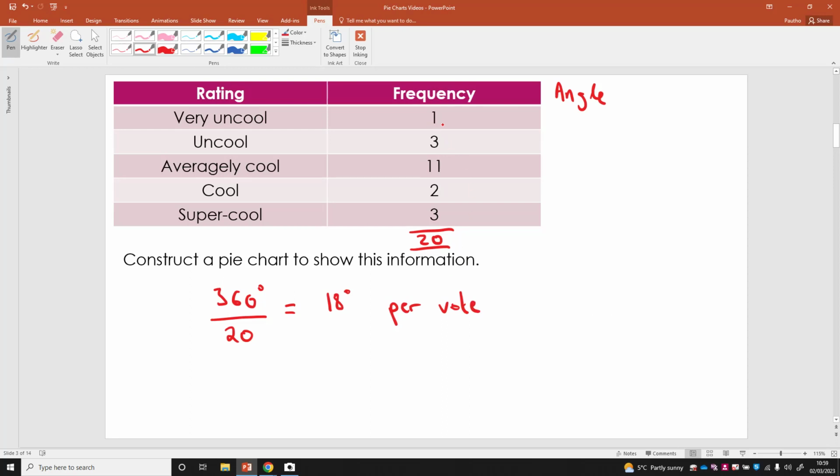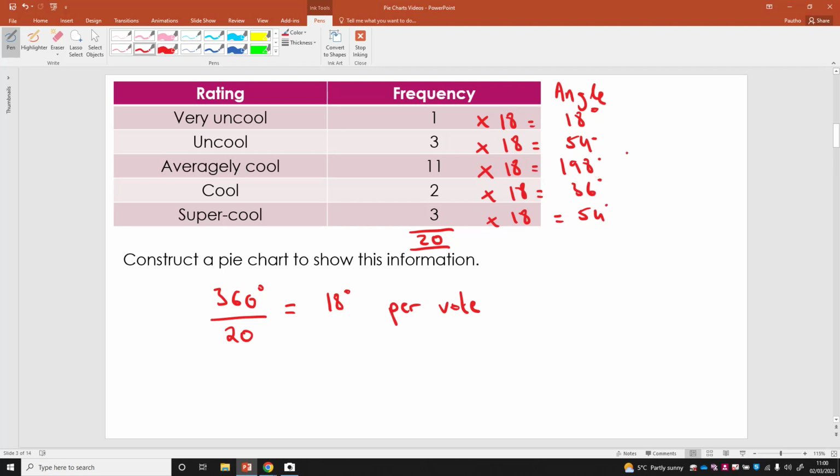So one vote is 18 degrees. In the next row, 3 votes will be 3 lots of 18, which is 54 degrees. 11 votes, 11 times 18 is 198. 2 lots of 18 is 36. And lastly, 3 more lots of 18 gives you 54 degrees.